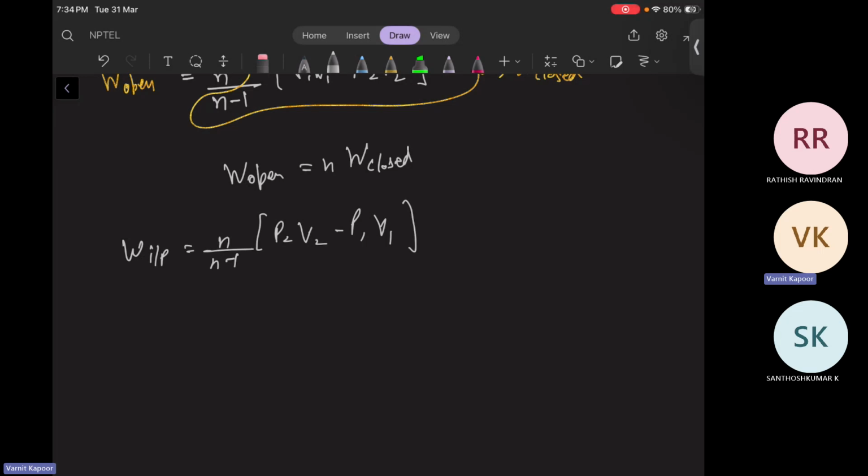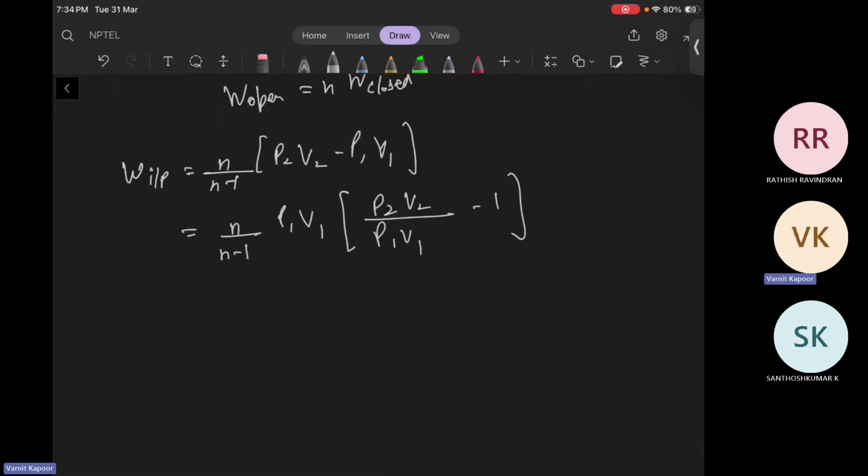And if I take P1 V1 common from here, it will be P2 V2 by P1 V1 minus 1. And we know that from this law, PV raised to power n is equal to constant, that P1 by P2 to the power of 1 by n is equal to V2 by V1.